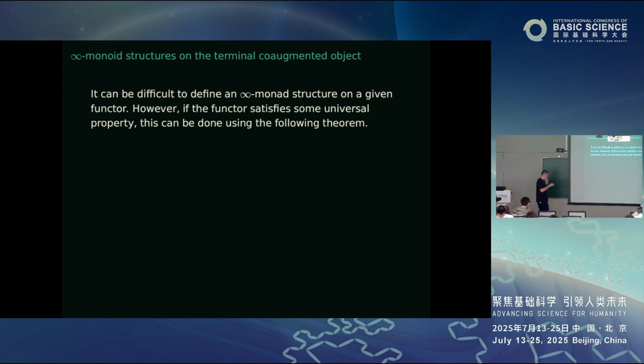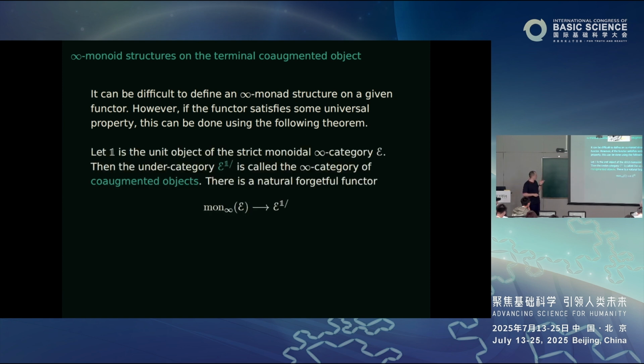Sometimes it is difficult to define the structure of infinity monad on a given functor, but it is possible to do this if it satisfies some terminal universal property. Here we consider a general strict monoidal infinity category, and remember that for us the most important case is the category of endofunctors, and actually not the category of endofunctors itself, but all its subcategories closed with respect to composition.